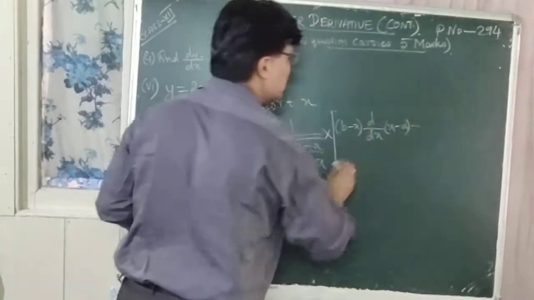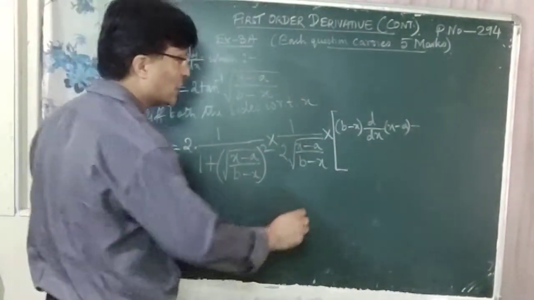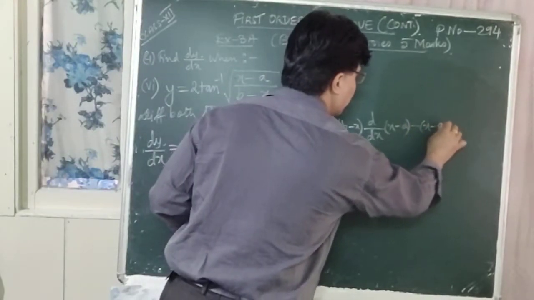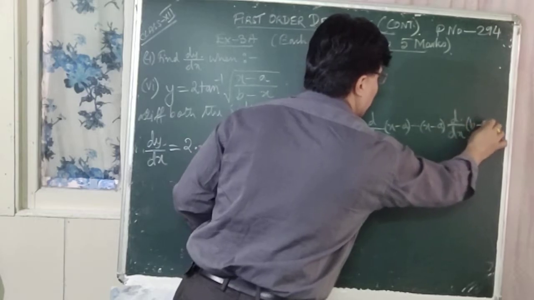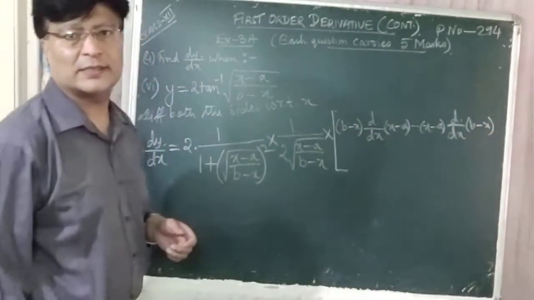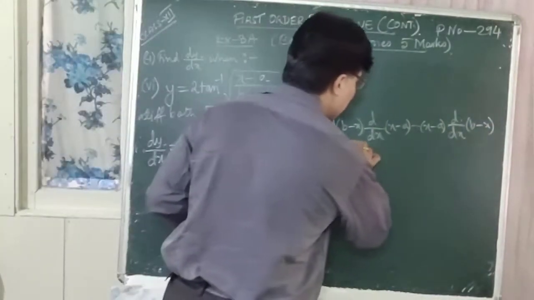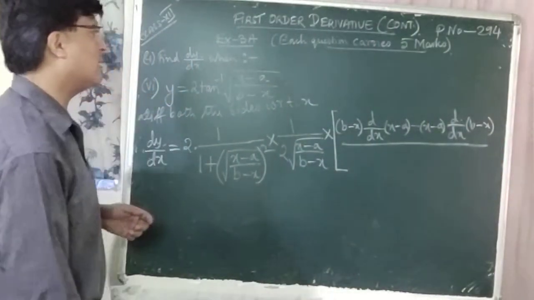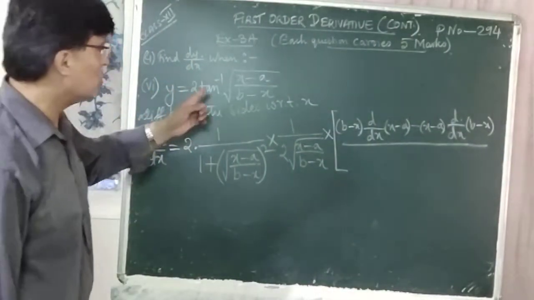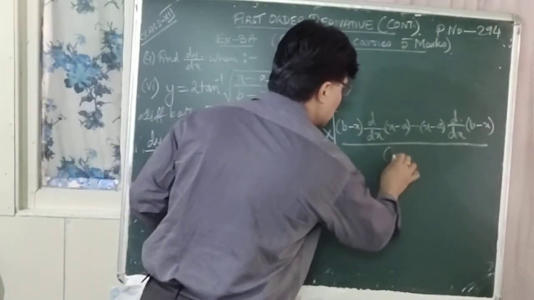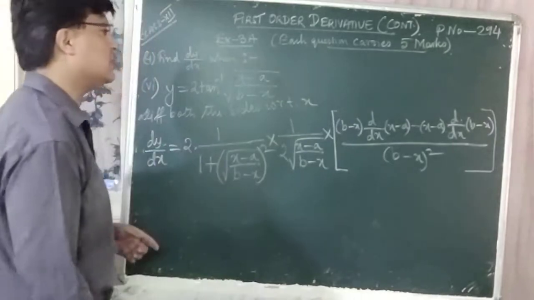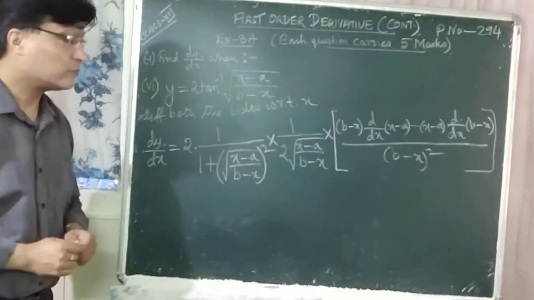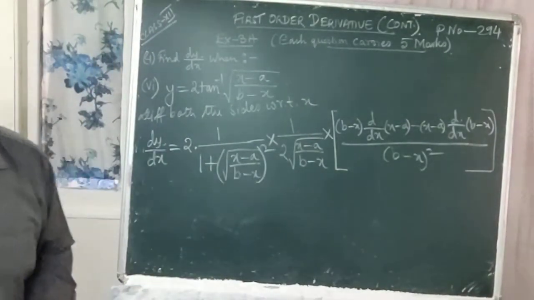Then minus, again keep the numerator as it is, that is x minus a into d by dx of b minus x, right? So whole divided by denominator whole square. What is denominator whole square here? It is b minus x whole square. So here third bracket is closed. So we did the differentiation.